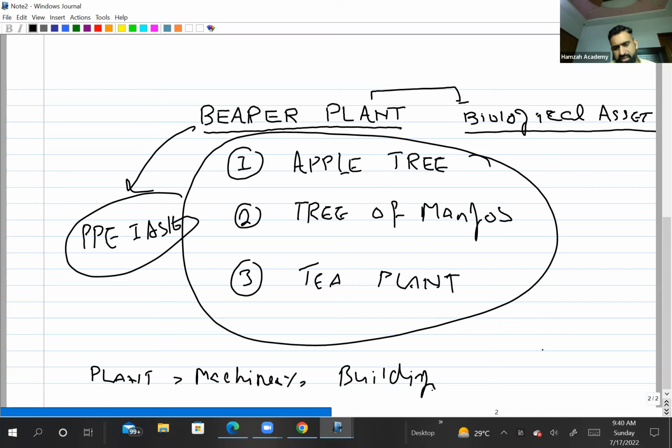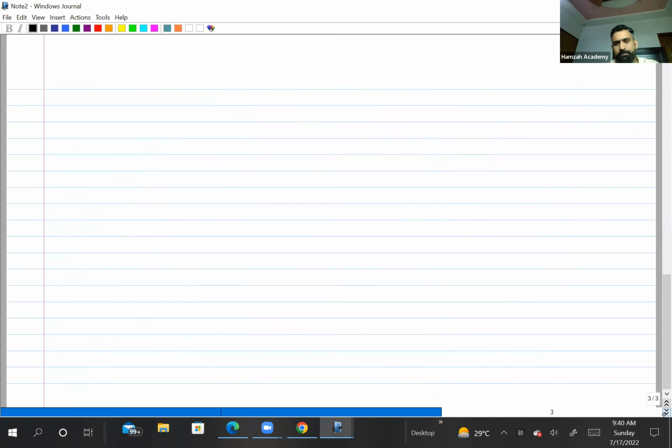Buildings, lands, car and vehicle, furniture and fixture, IT equipment. These are all the example of the property, plant and equipment, and these all things will be accounted for under IAS 16. You get it? Any question?